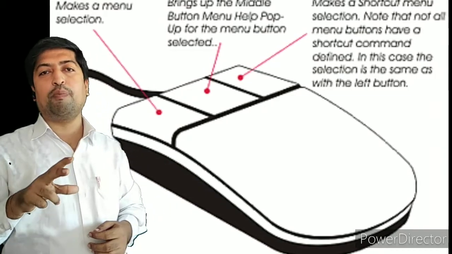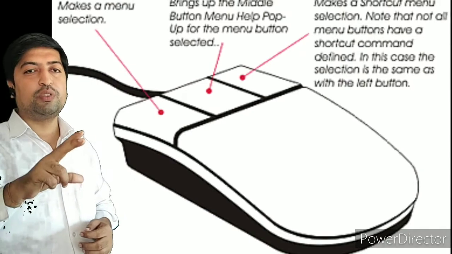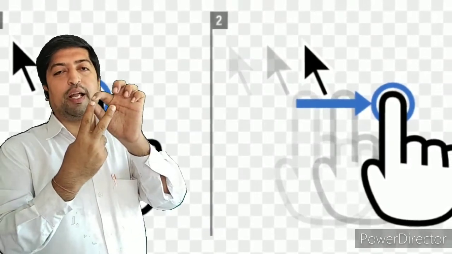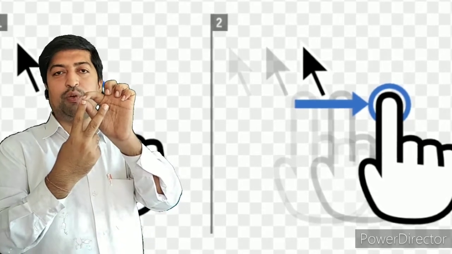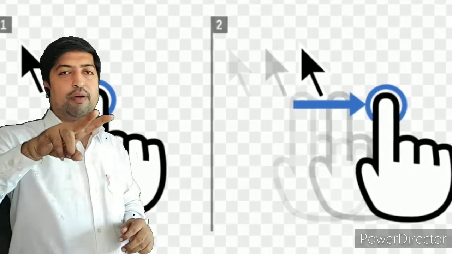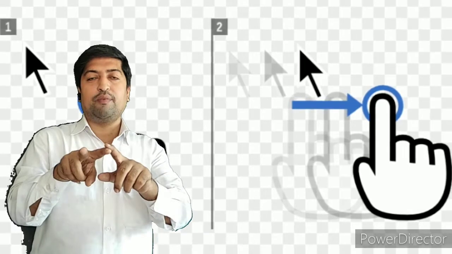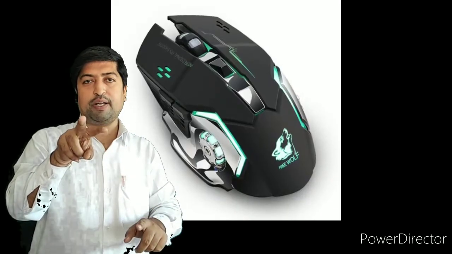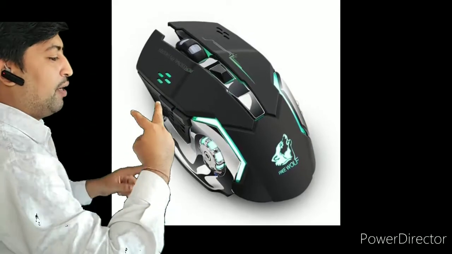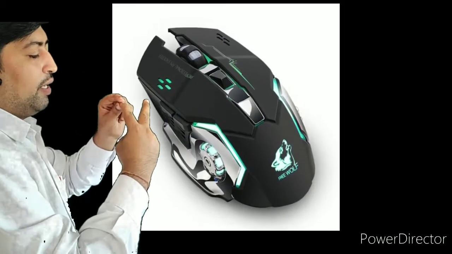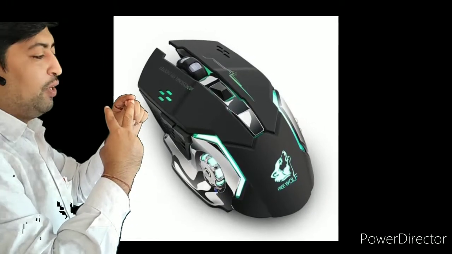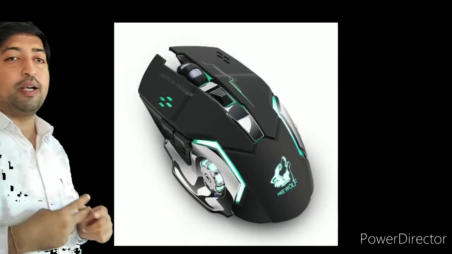Our middle finger and our index finger are used to handle the mouse. Our index finger is used to click the left button. You can see my index finger uses the left button and the middle finger uses the right button.